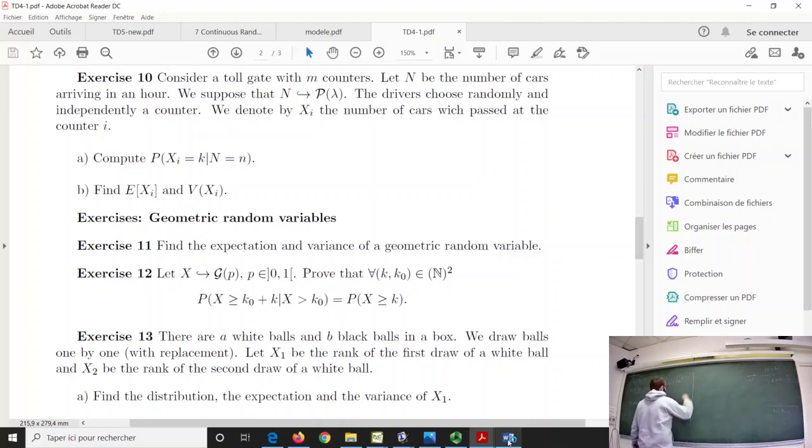Okay, so I do the job here. Probability that X greater than K0 plus K intersected with X greater than K0 plus 1 over the probability that X is greater than K0.